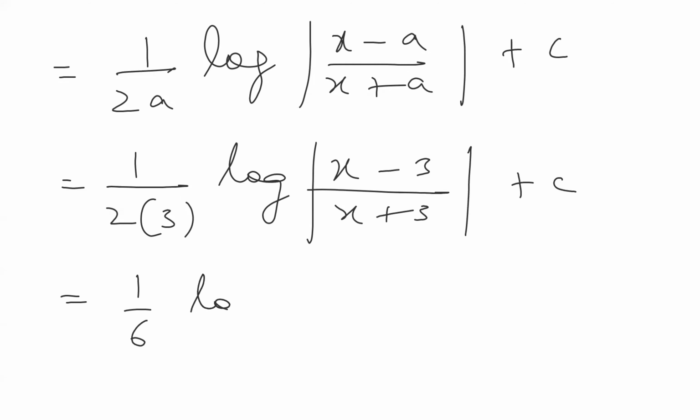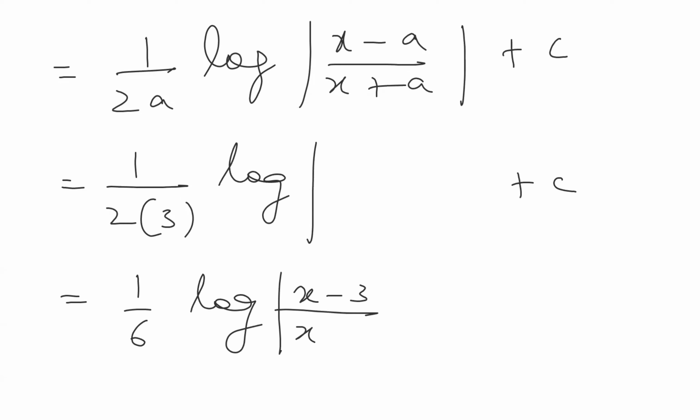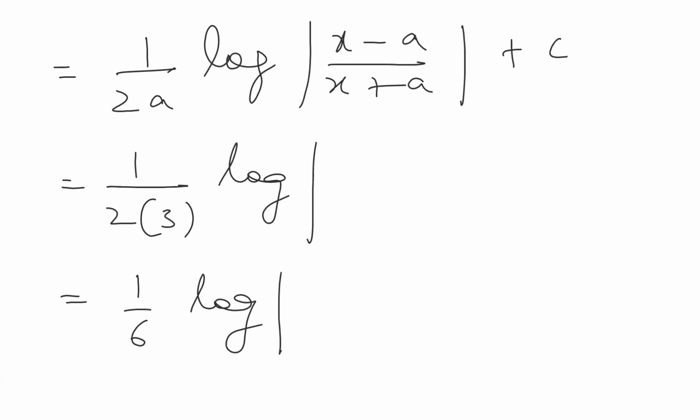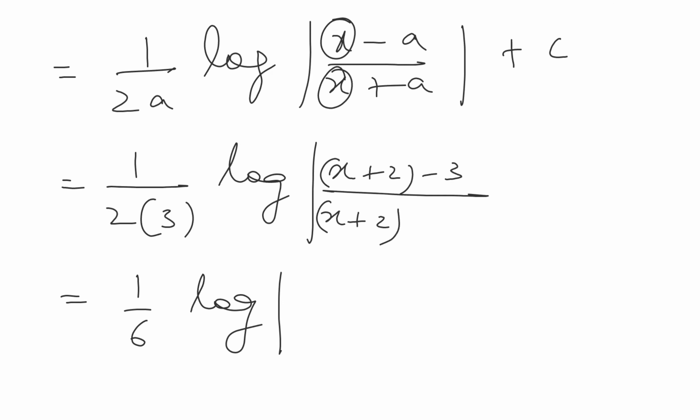So this is 1 upon 6 log modulus x minus 3 upon x plus 3. Oh sorry, I didn't substitute the value of x. In place of x we are having x plus 2, and in place of a we are having 3. So x plus 2 in place of x, minus 3, plus 3.